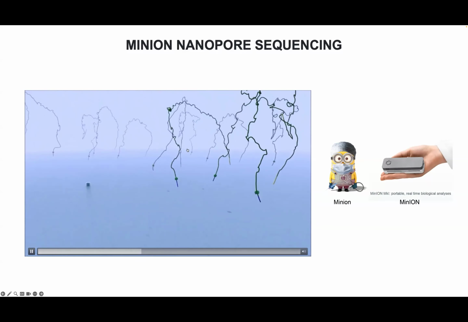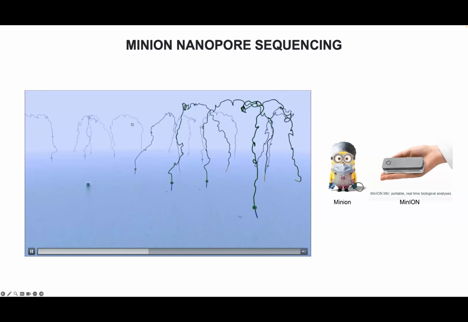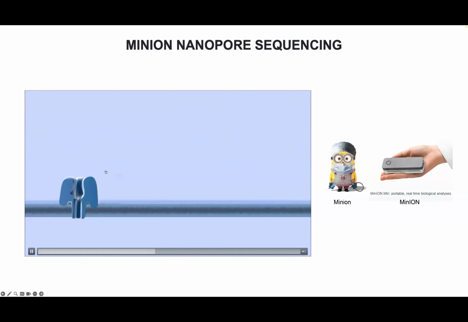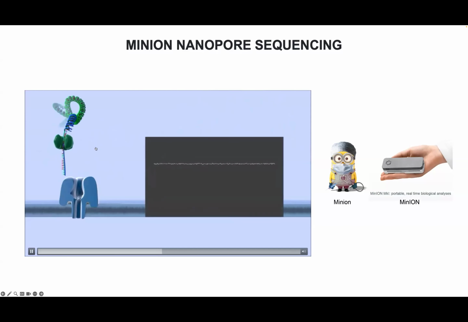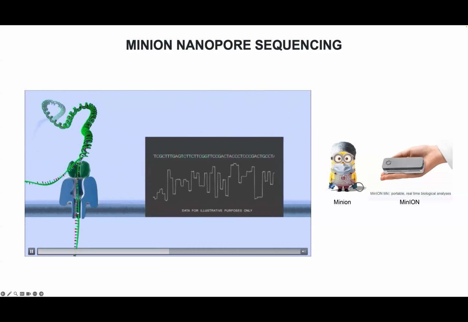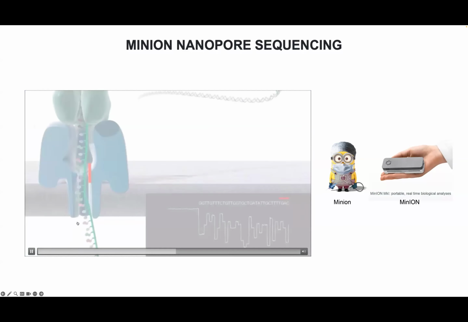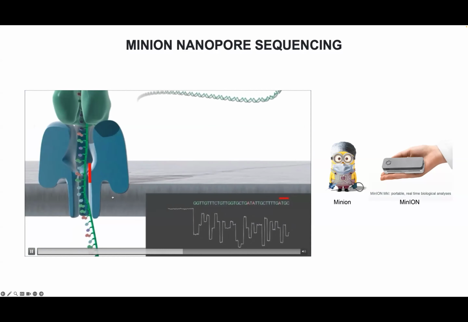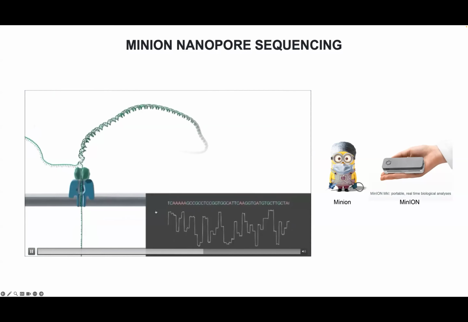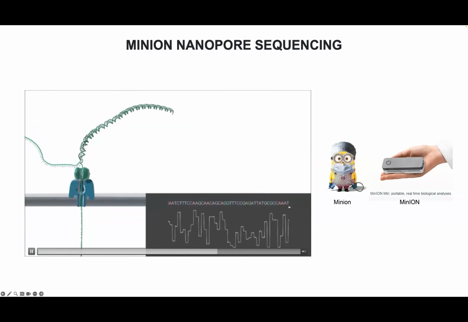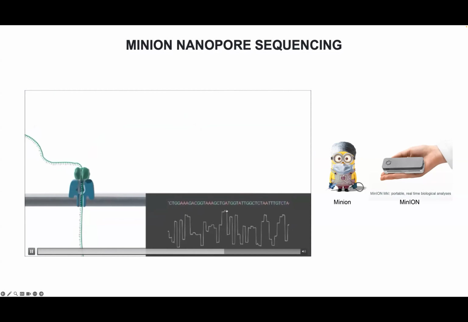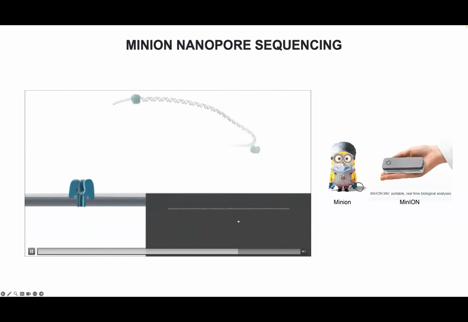As you have many different DNA strands in your sample, each gets connected with this adapter and can slide through the pore. And here you can see the current changes while the bases are slipping through the pore. In the end, you have thousands of bases, and each is detected via this change of current.